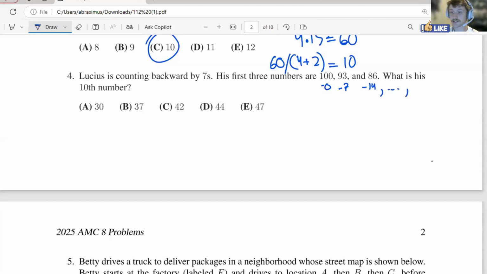The last one that he subtracts is actually going to be 7 times 9. The reason it's 7 times 9 is we started counting at 0. This is something that's common when you're dealing with this kind of pattern. You have to be careful about when you start counting from 0. So 100 minus 63 is equal to 37, which is B.